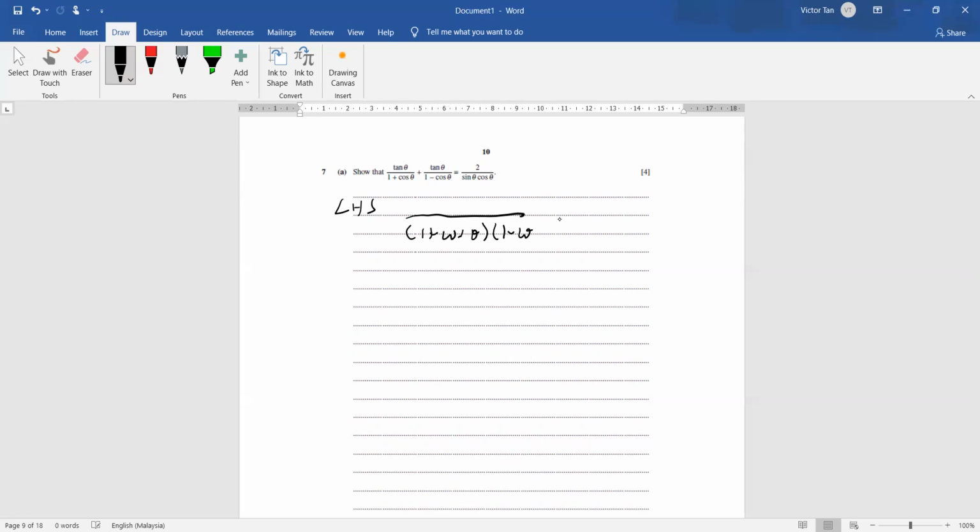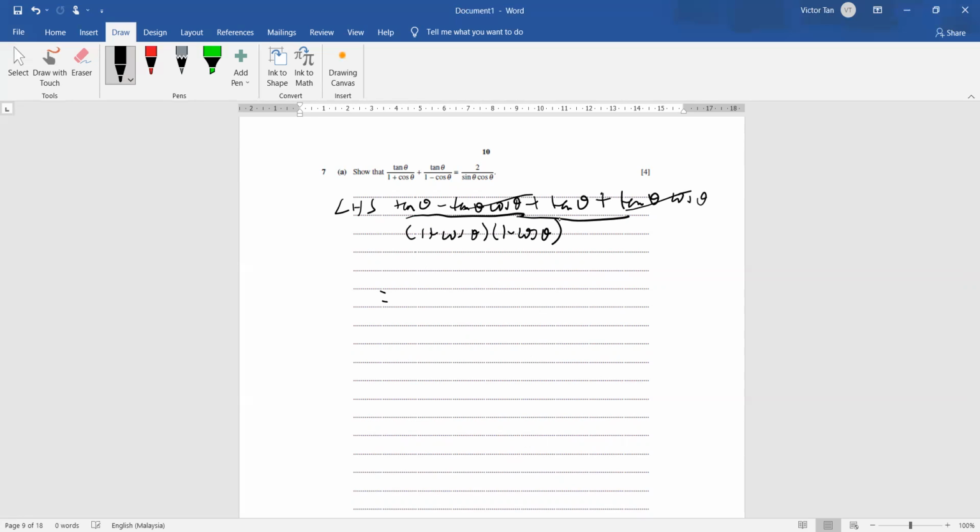So this will be tangent theta minus tangent theta cos theta plus tangent theta plus tangent theta cos theta. This is the reason why I don't change.